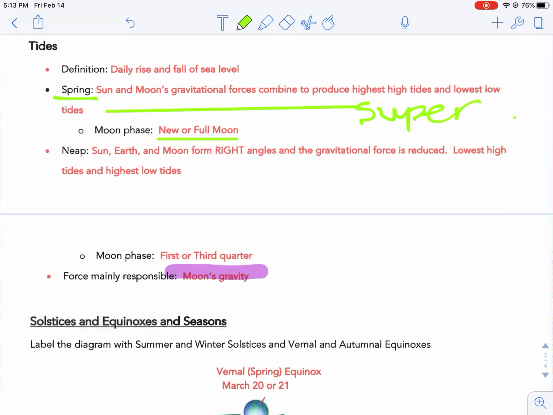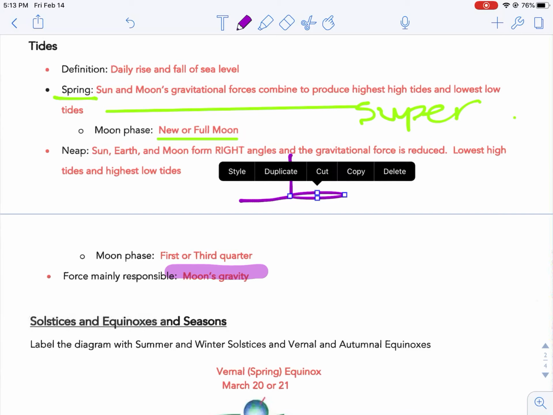All right, so then we have another type. We have neap tides. What I want you to remember here is our 90 degrees. The sun, the earth, and the moon form a right angle and the gravitational force is reduced.